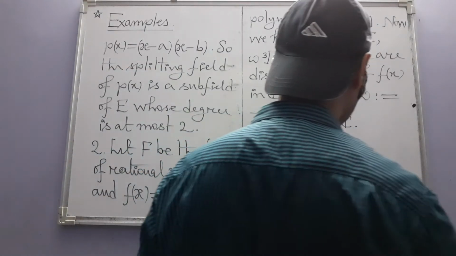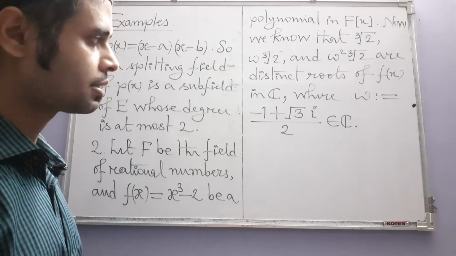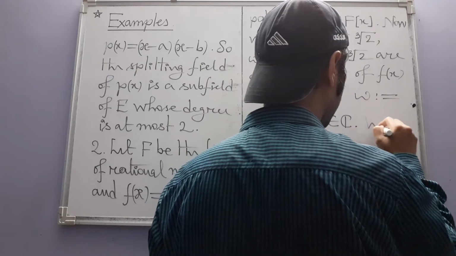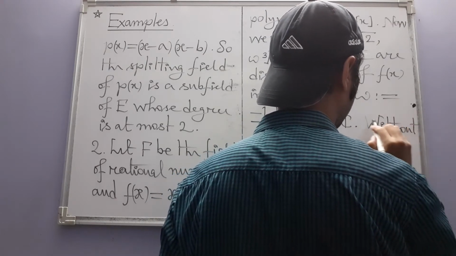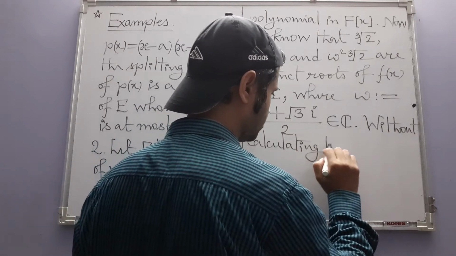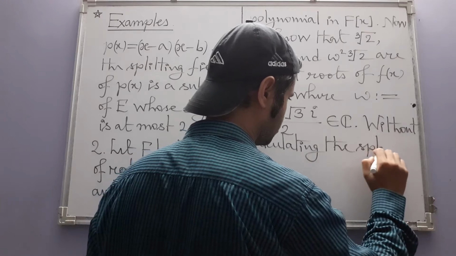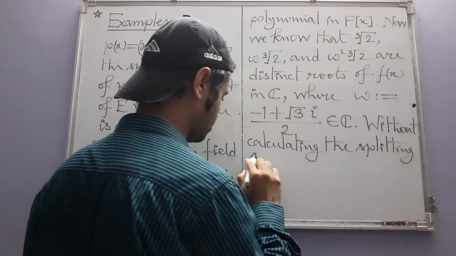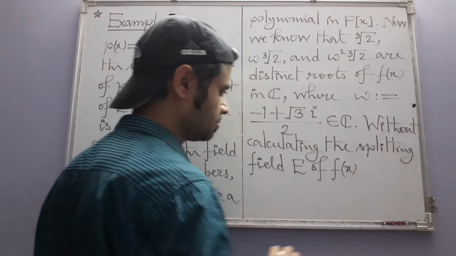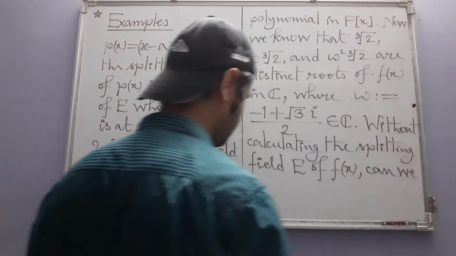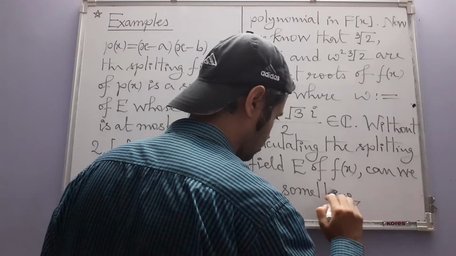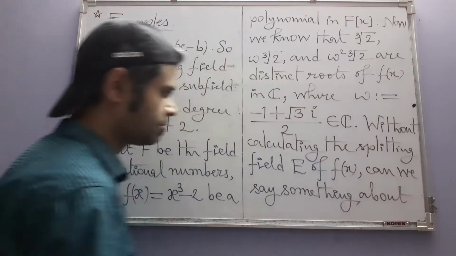Instead, using algebra and using the things that we have seen in this section, can we still say something about at least what the degree of the splitting field E of fx should be, without calculating the splitting field?